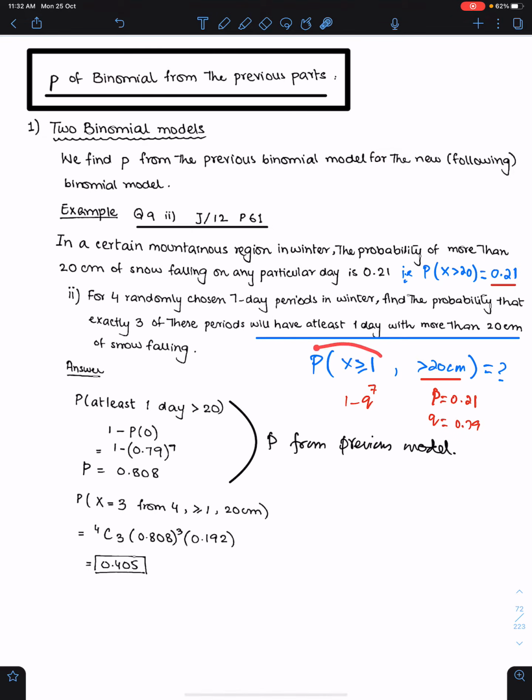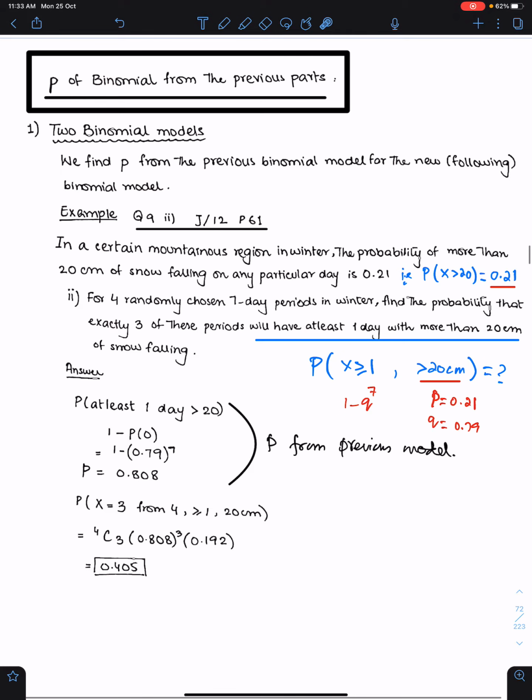So we find this probability through this equation, 1 minus q power 7. When you solve this, you will get P for this new binomial model, and you will use this P here. 4C3 P power 3 Q power 1 will give you this answer.